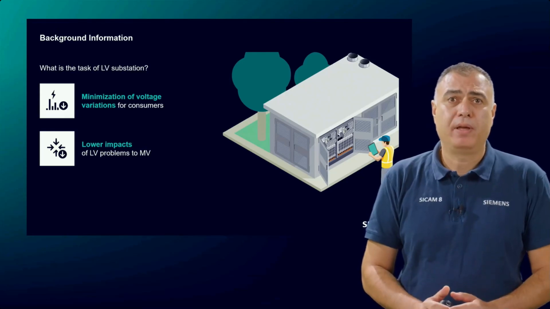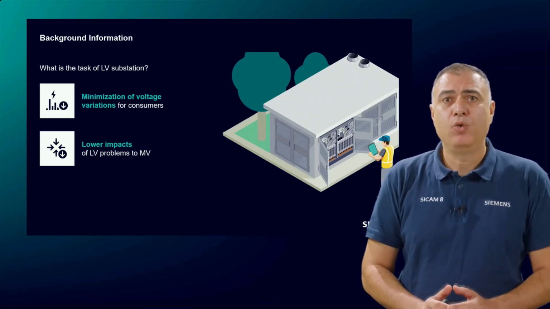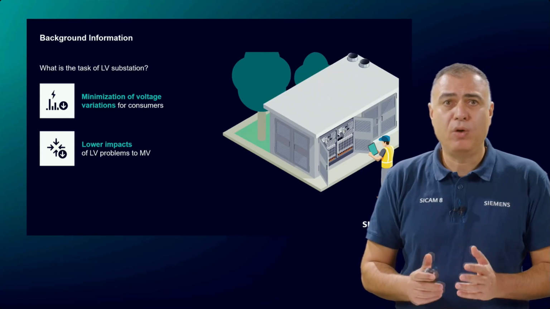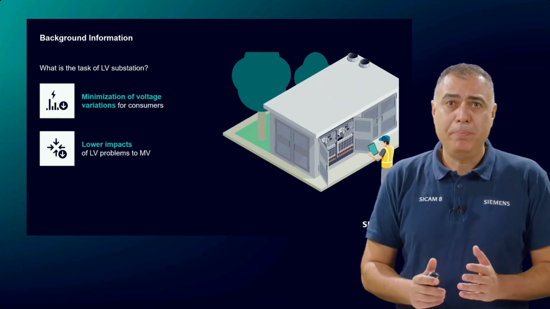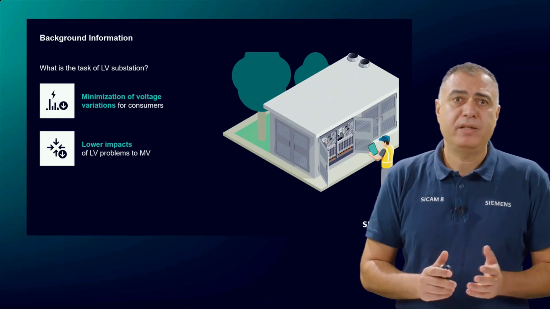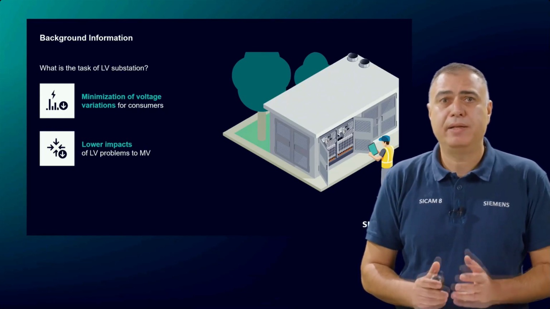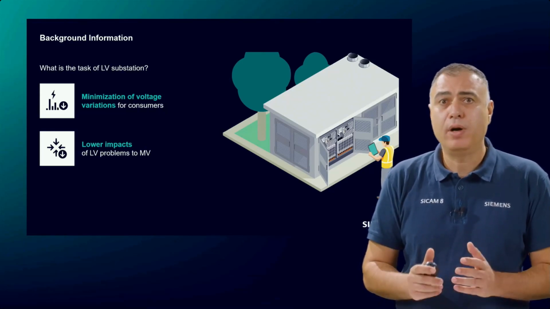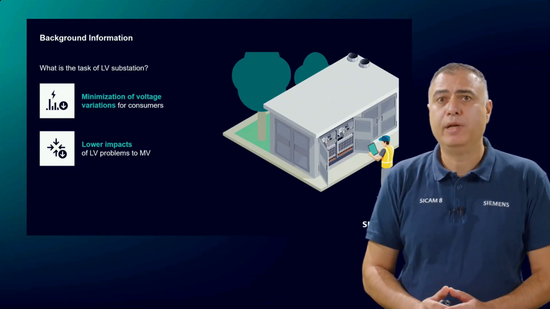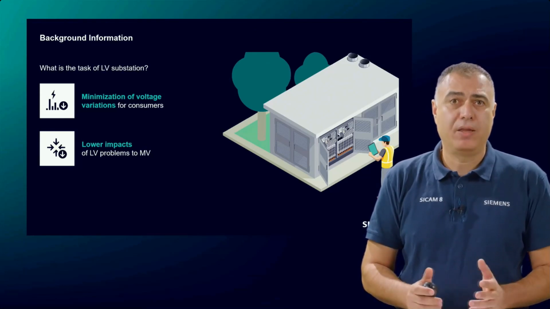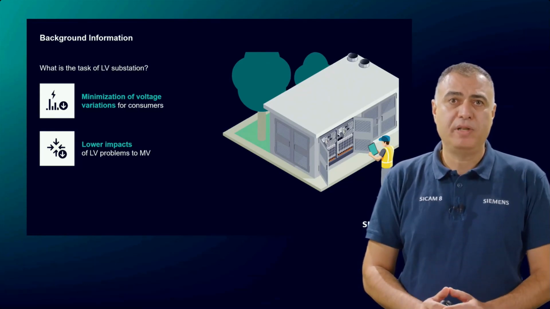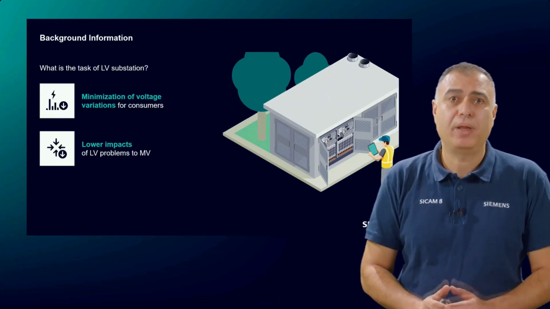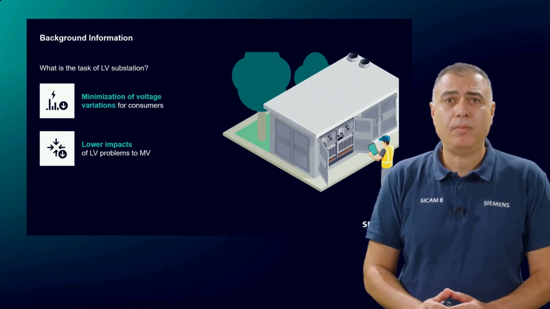However, with low voltage cables, you cannot bridge long distances. As a rule of thumb, in urban areas, you can bridge about 300 meters, and in rural areas, about 2 kilometers. In other words, for such distances, you need a low voltage substation to keep the voltage at the nominal value.